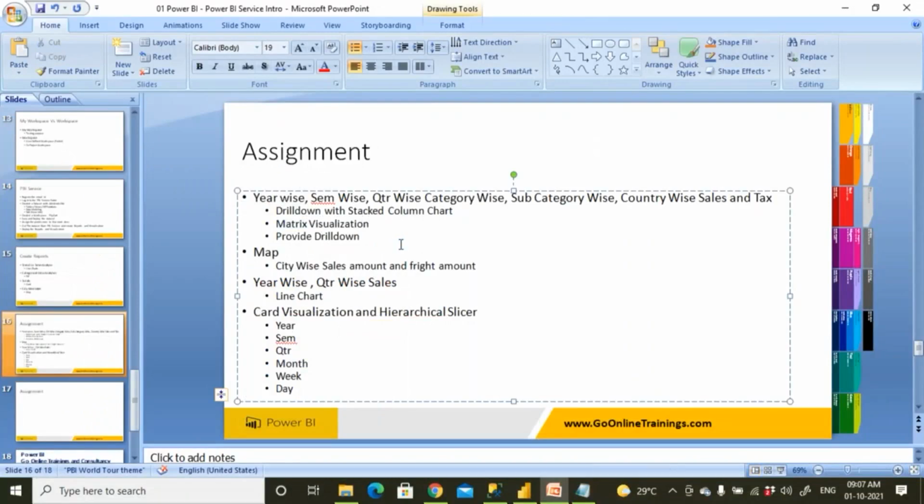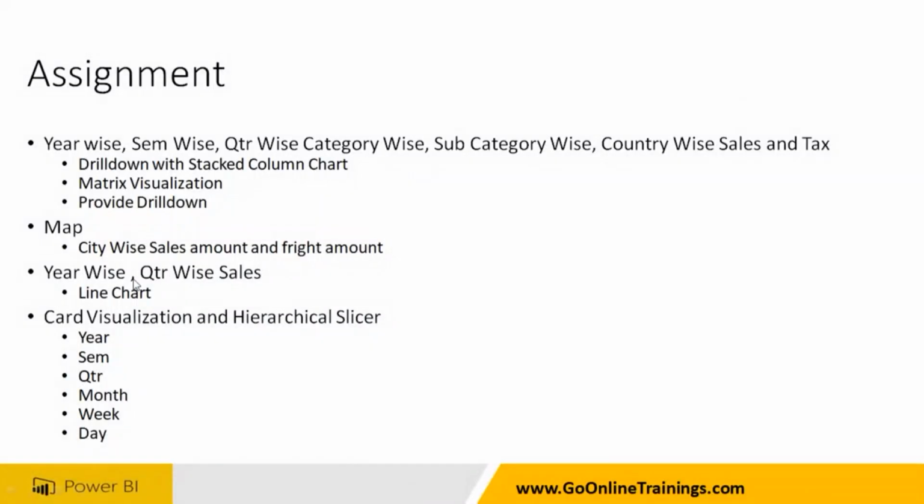Right, guys? So map data, year-wise line chart, card visualization, hierarchical slicer, you must use it. And I would like to show the data based on the slicer. This is one thing you need to have, right?